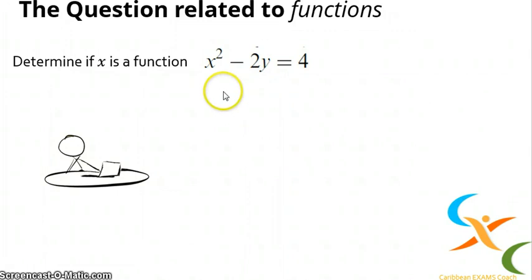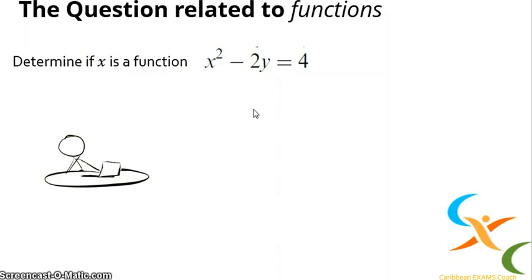First, before following me on this video, is x a function? For you to be able to determine that, you have to know the concept. What is a function?